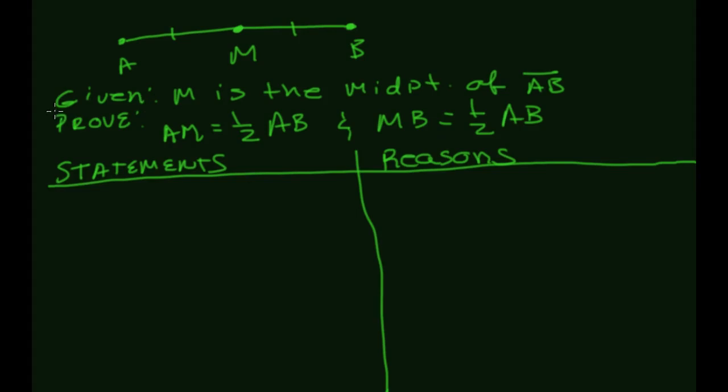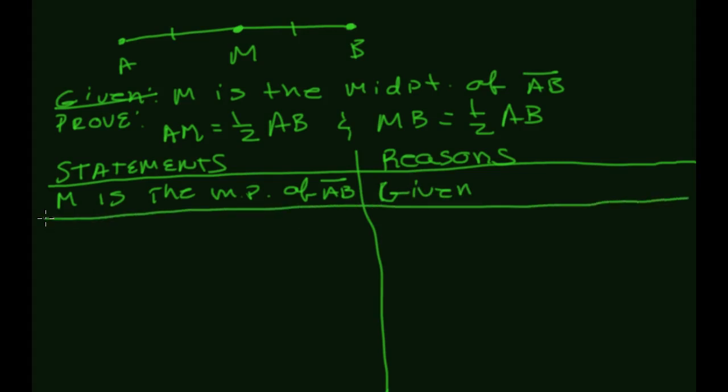Usually an easy place to start is with any given information. We're given that M is the midpoint of segment AB. We're told that right off the bat.